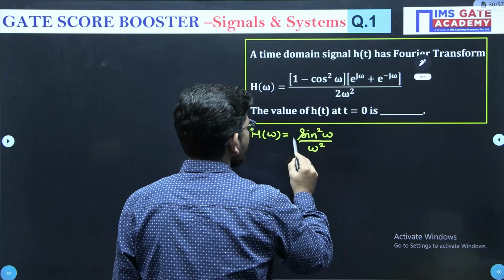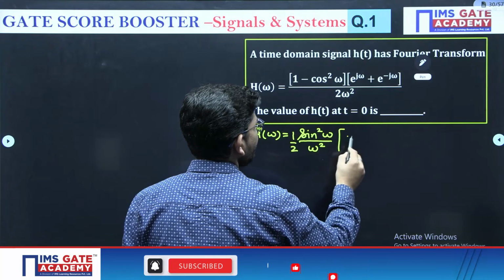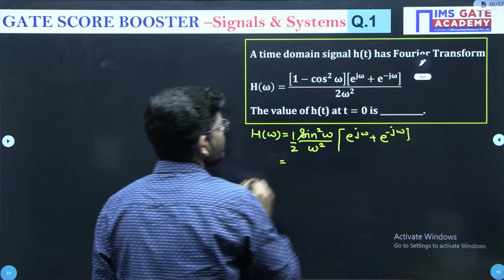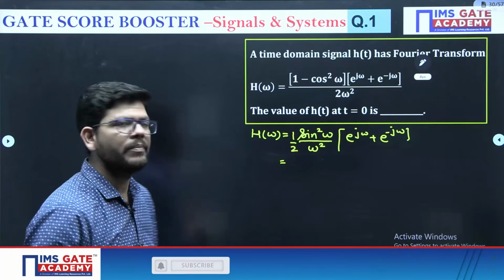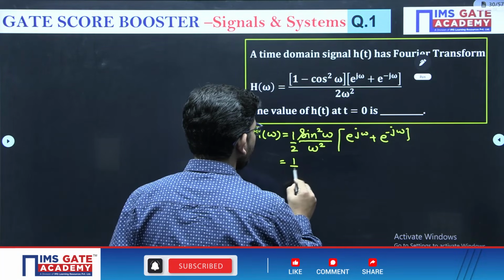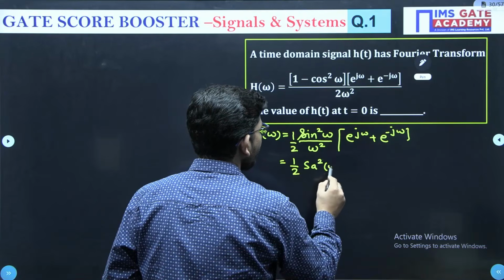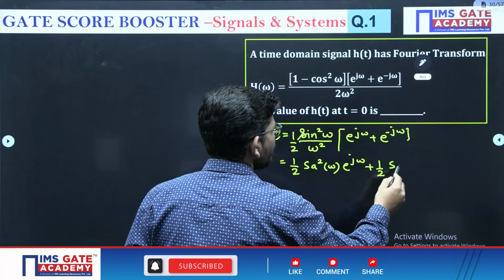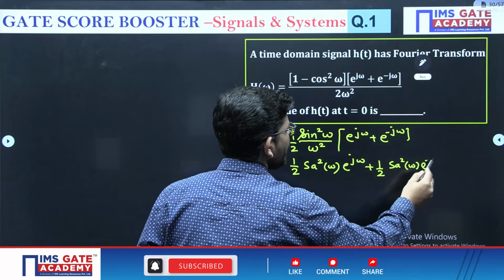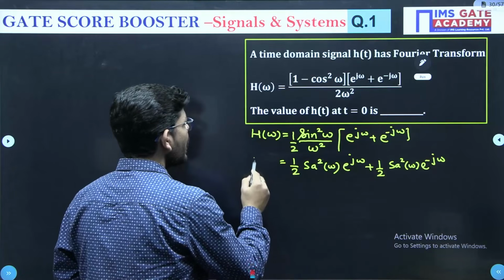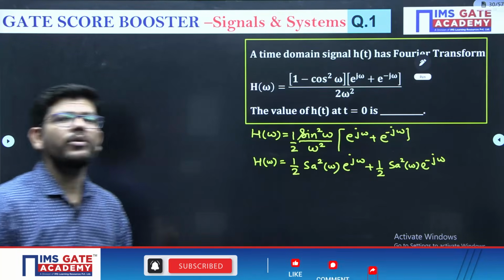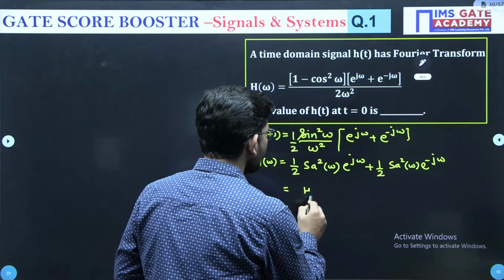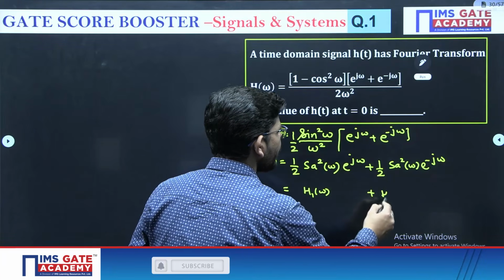We can write it this way: 1/2 times (e^{jω} plus e^{-jω}). Now sin²ω upon ω² is Sa²ω, so we can write it as 1/2 Sa²ω e^{jω} plus 1/2 Sa²ω e^{-jω}. This is how we can adjust this H(ω). Now we have this H(ω), in which this is H1(ω) and this is H2(ω).